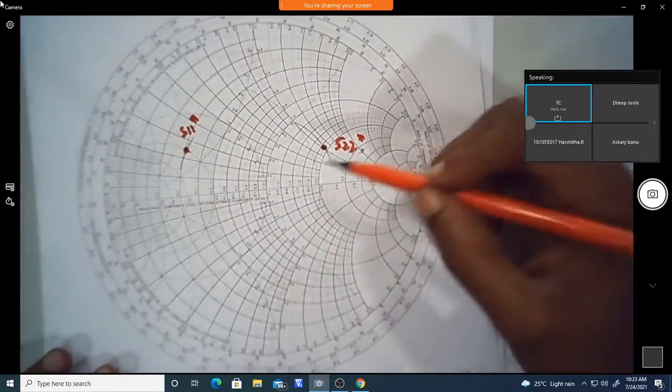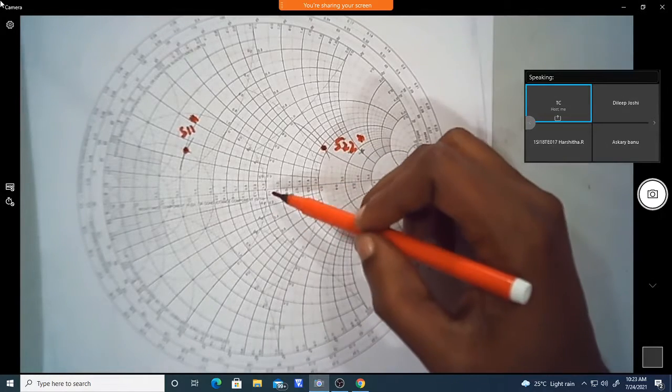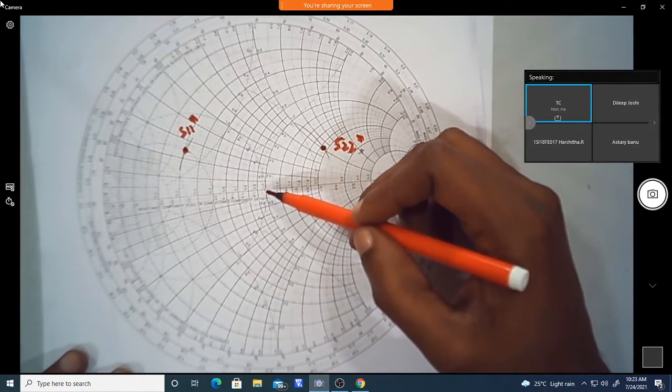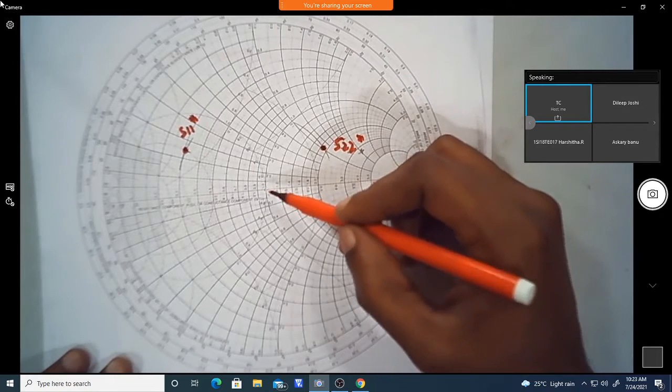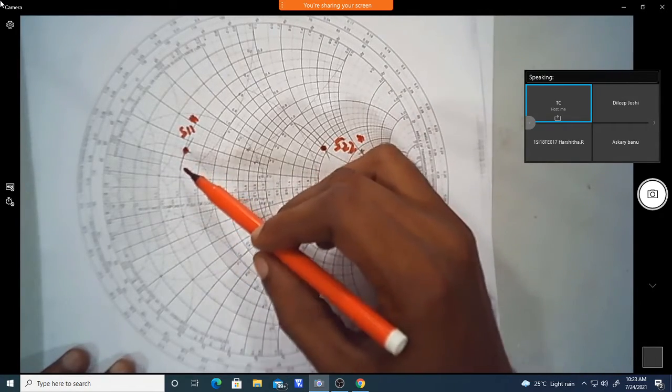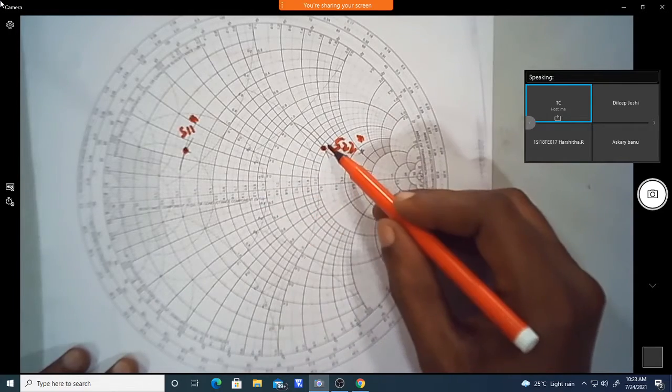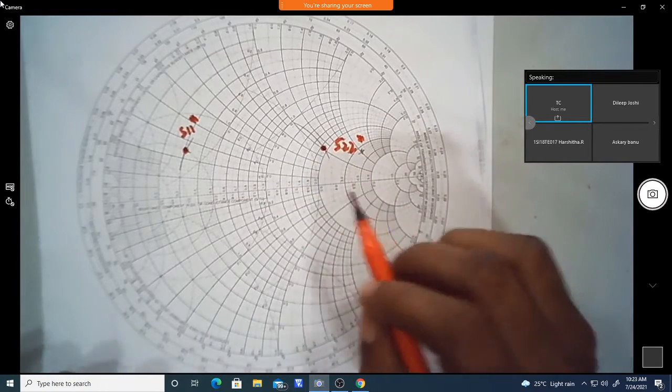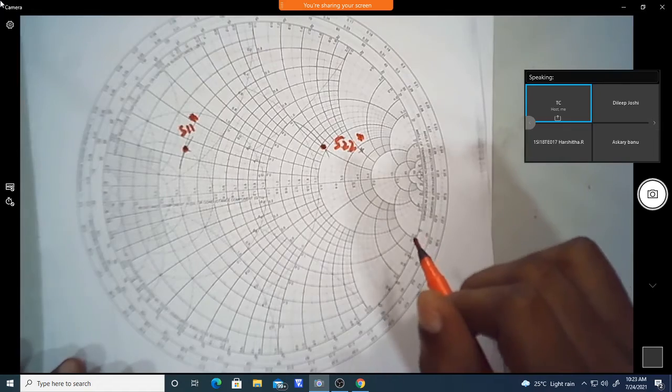Now we need to match to the center point, because this is the matching point, 50 ohm. We need to move from this point to this point for the input matching network, and from this point to this point for the output matching network.